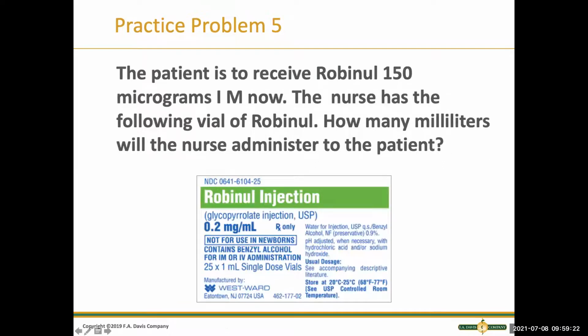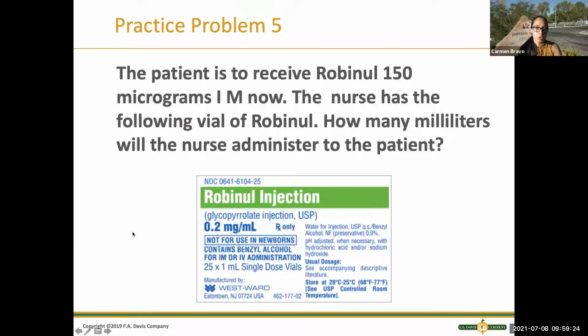Okay. So a patient is to receive Robinil 150 micrograms IM now, and the nurse has the following vial of Robinil. How many milliliters would the nurse administer to the patient? This is another kind of those small orders.